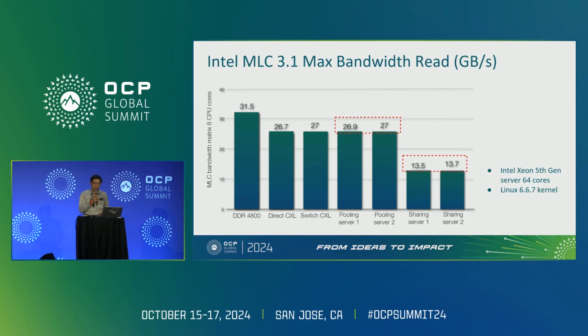If you use only 1 CXL memory assigned to 2 different hosts, we use Intel MLC 3.1 to do the max bandwidth test. All the tests we run at least 10 minutes to get to steady state. The number you get is that if you do the sharing, you get 13.5 gigabytes per host, so it's evenly distributed to the 2 different servers.